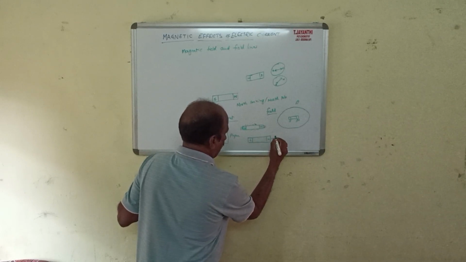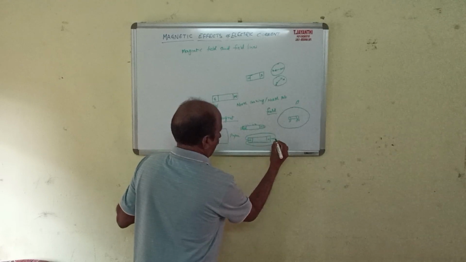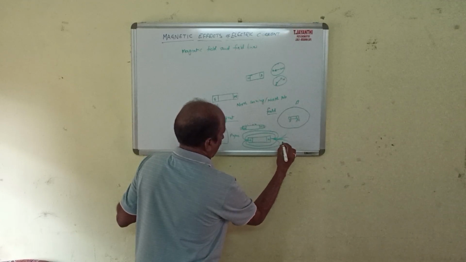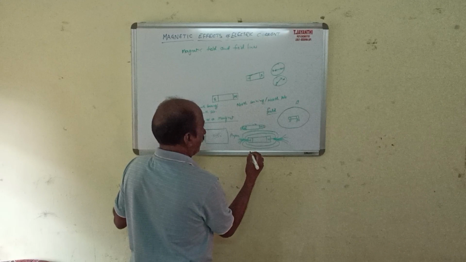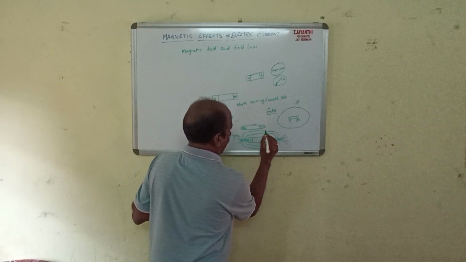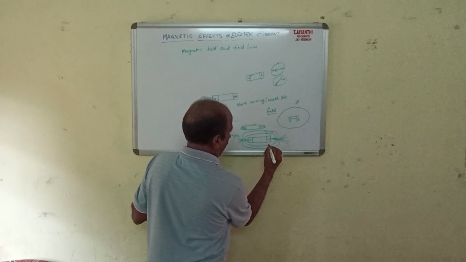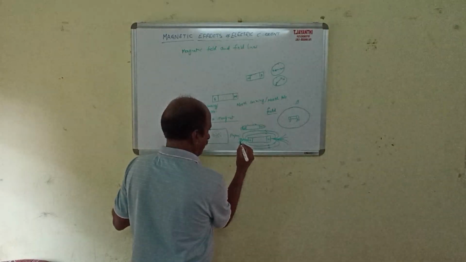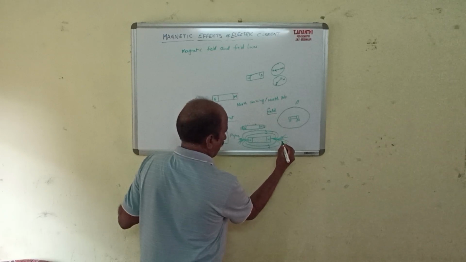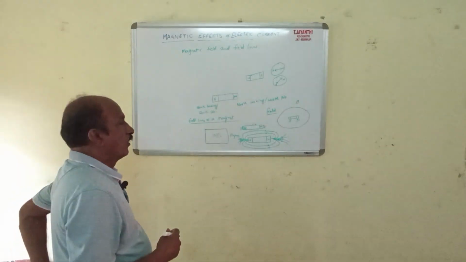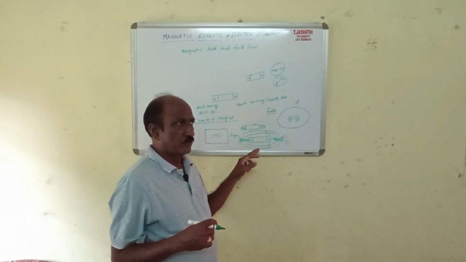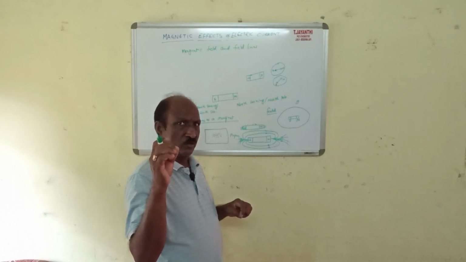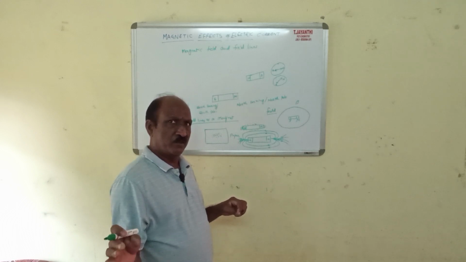The field lines are like this. They always form a certain pattern such that the field lines are distributed like this in almost every magnet, in almost all the cases.